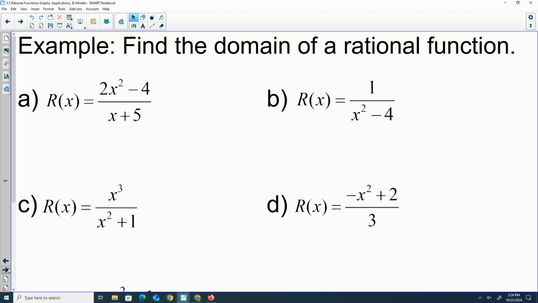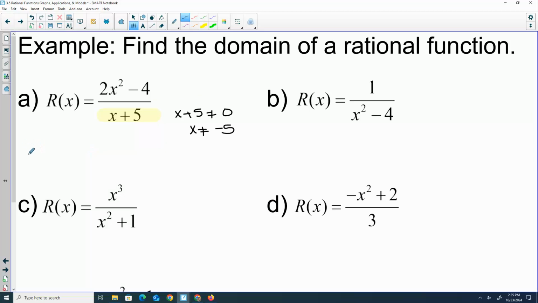Alright, so for the first one, if I wanted the domain of this function, I do not care about the numerator at all. I don't care if things cancel out. The domain is based off the original. We know in a fraction, the bottom of this fraction cannot be 0, so that means x cannot be -5.